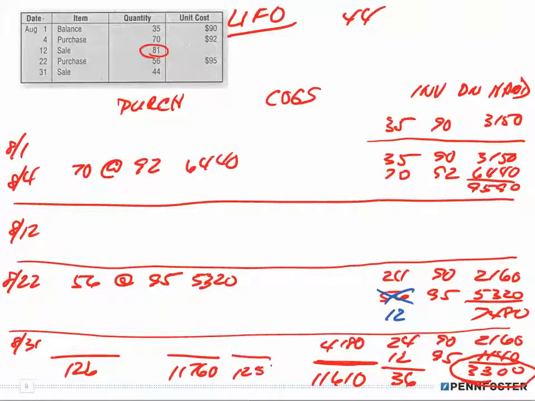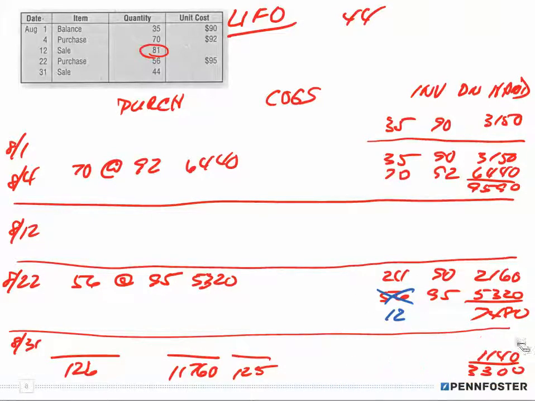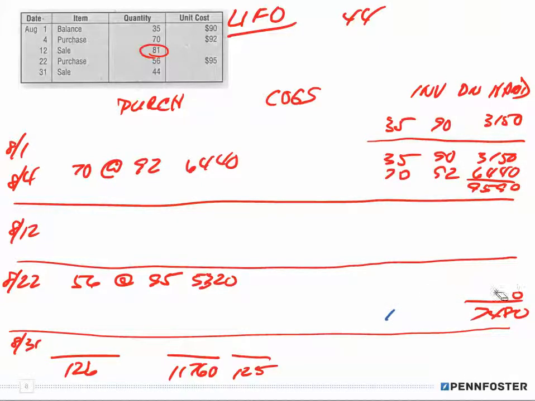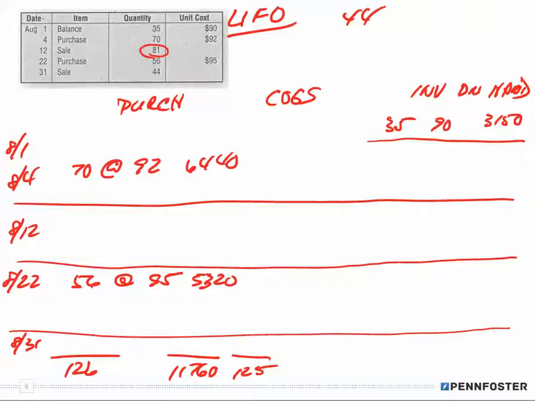This is 125. And let me get rid of this. Okay, so now we're going to do the average cost.